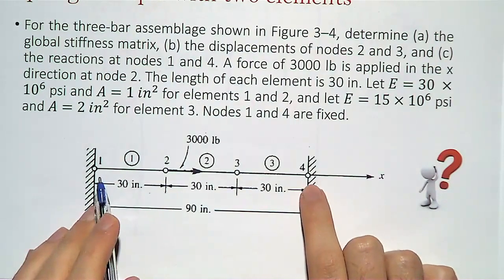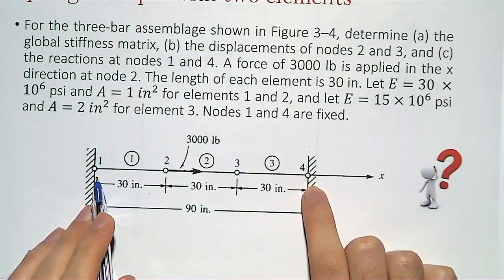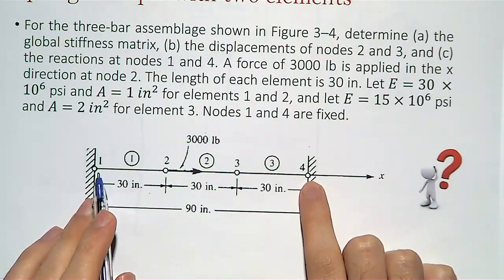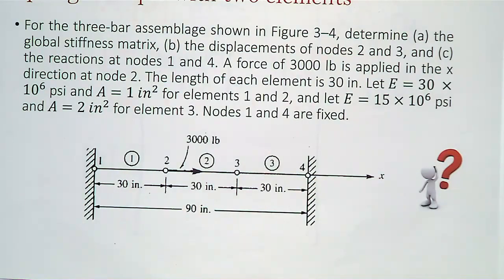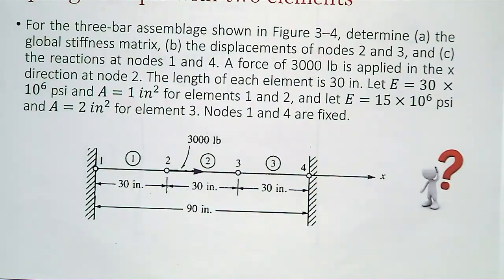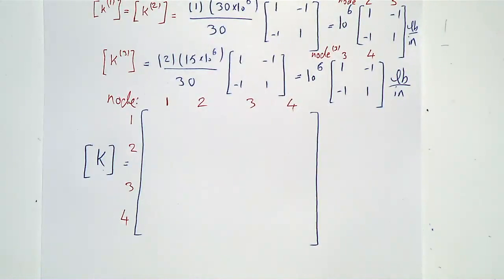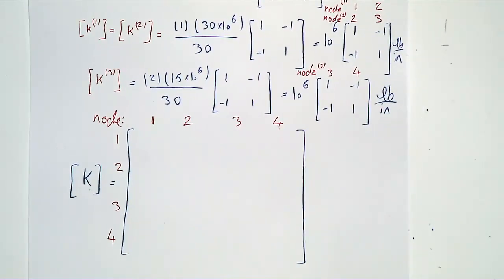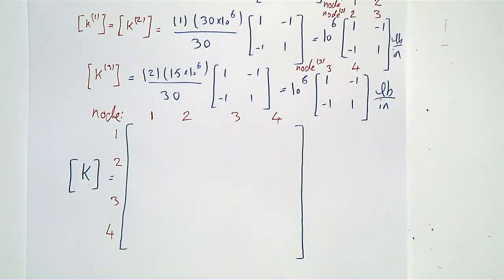From this, we can also see that there is no direct relationship between node number 1 and 4, or even between 1 and 3, or 2 and 4. They're not connected to each other directly. All right, why don't you spend 2 minutes to write down the global k matrix for me? Try to find the components from little k1, little k2, and little k3.